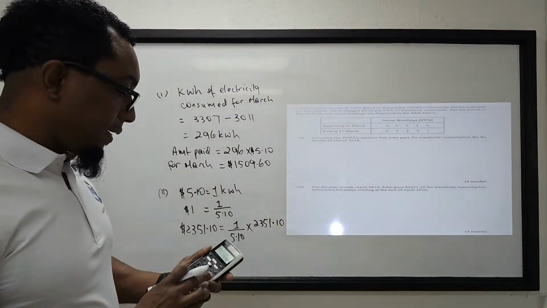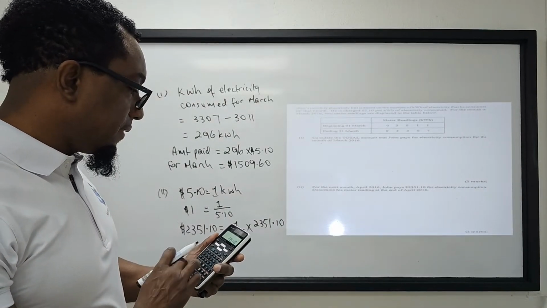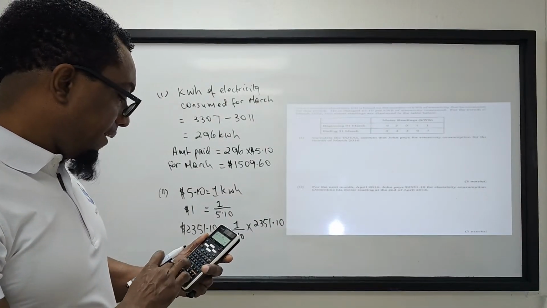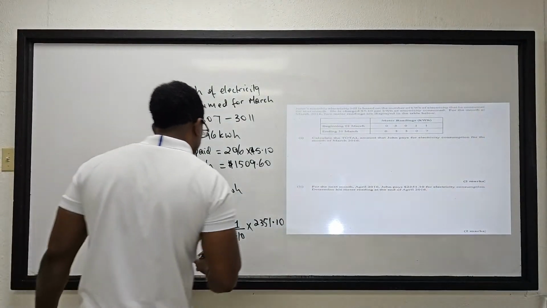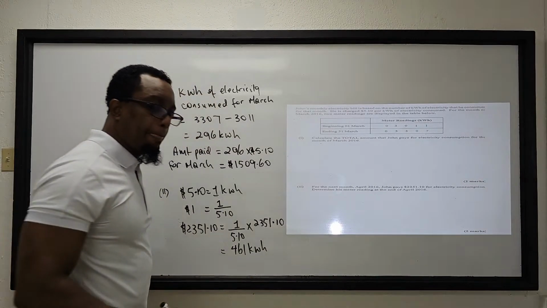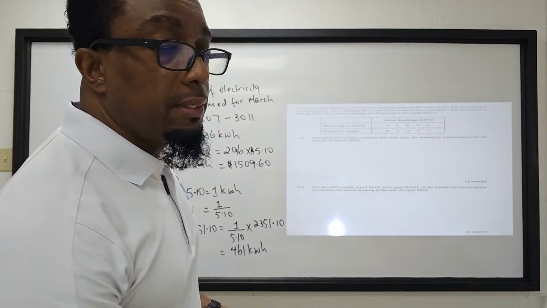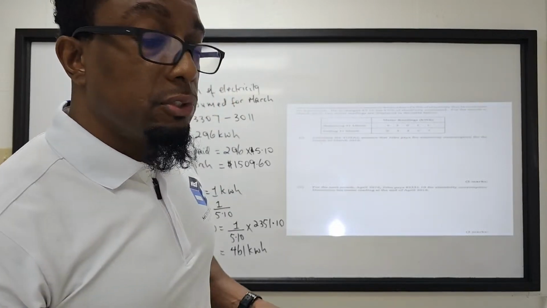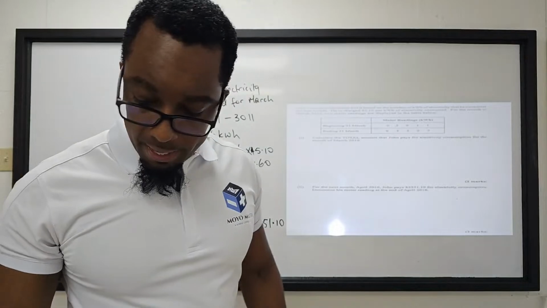So $2,351.10 divided by 510 will give us 461 kilowatt hours. Okay? So that is how many kilowatt hours $2,351.10 will be equal to. Right, let's move on to another.